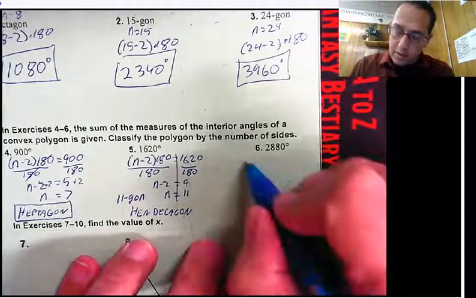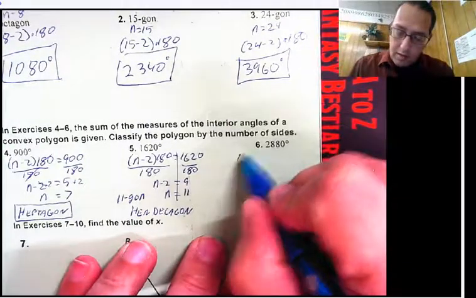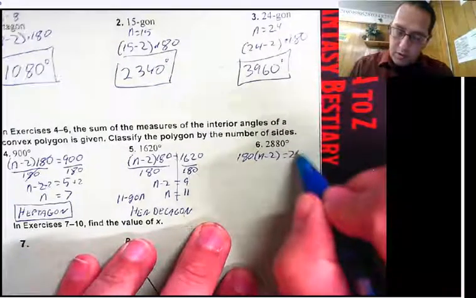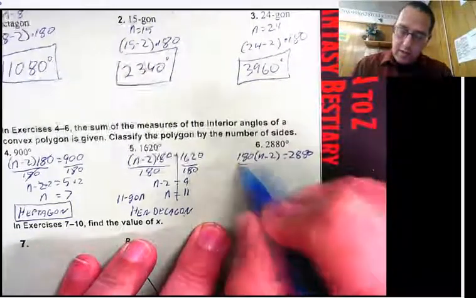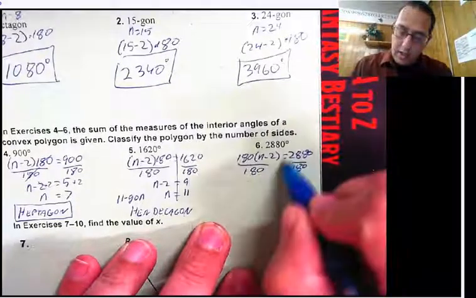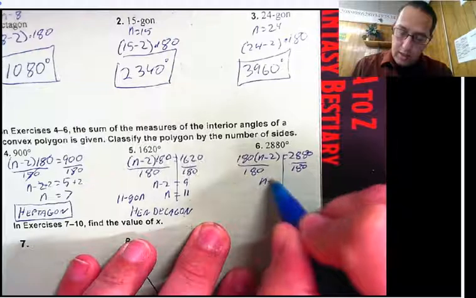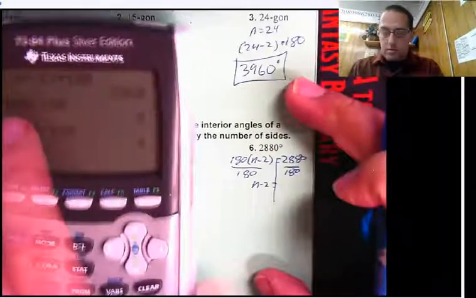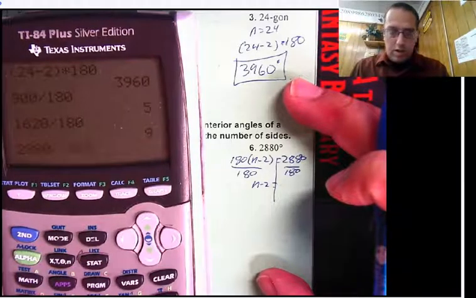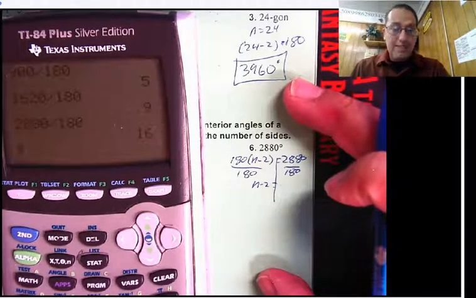All right, so let's do this. We have 180 times n minus 2 equals 2880. Going to divide by 180 on both sides. We get n minus 2 equals 2880 divided by 180, which is 16.